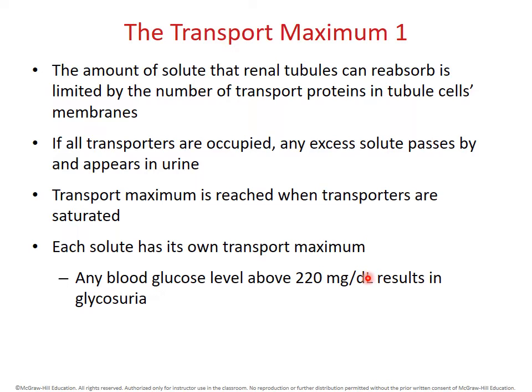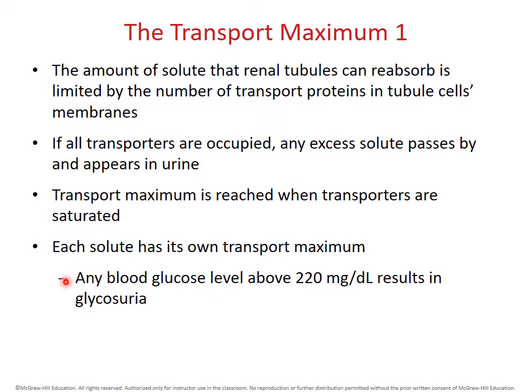And so if you have this much glucose in the blood, that means you're going to have a very high concentration of glucose in the filtrate, because glucose filters very readily from blood into the glomerular capsule. So you're going to have so much glucose in the tubular fluid that you will exceed the transport maximum. And so some glucose will pass through unreabsorbed, and it will wind up in the urine.